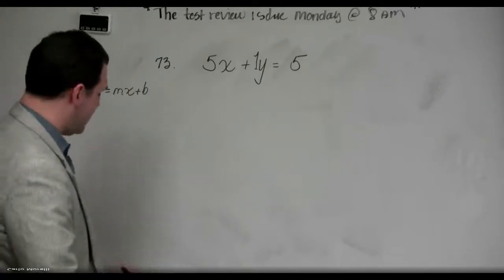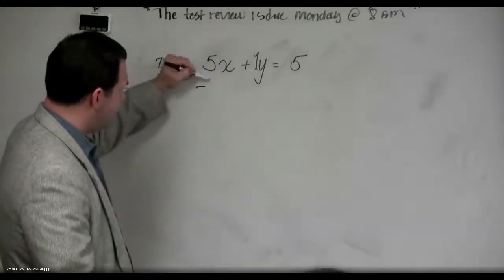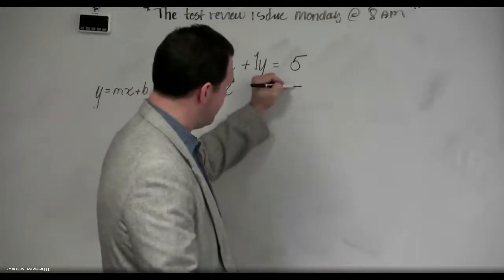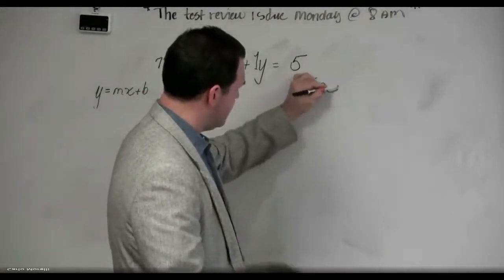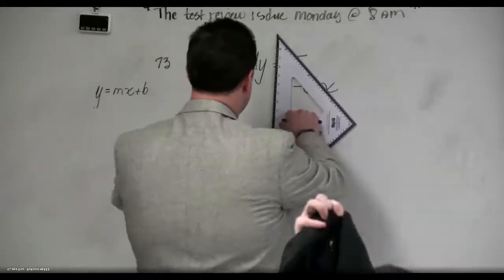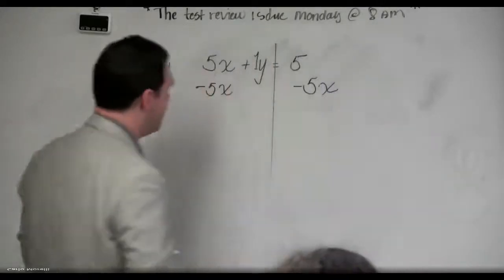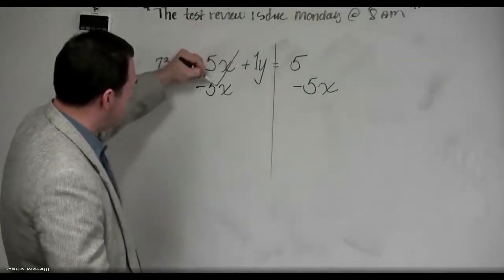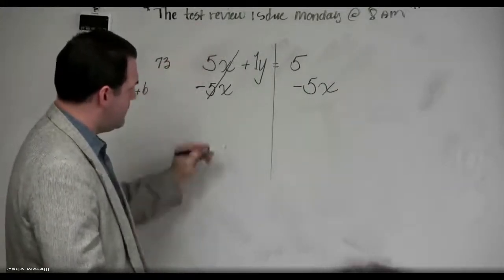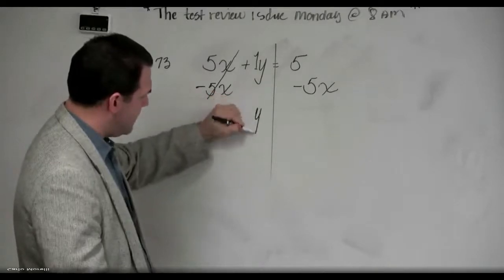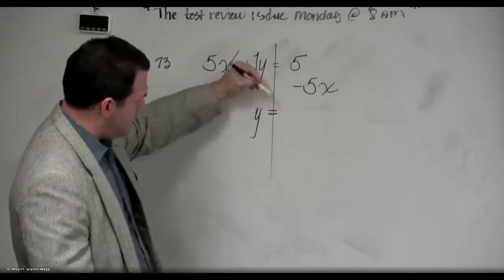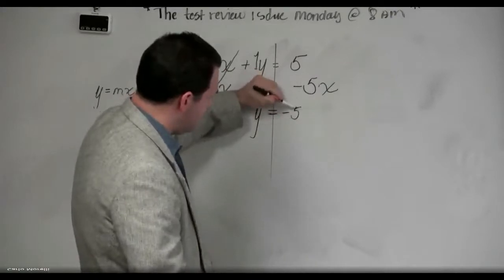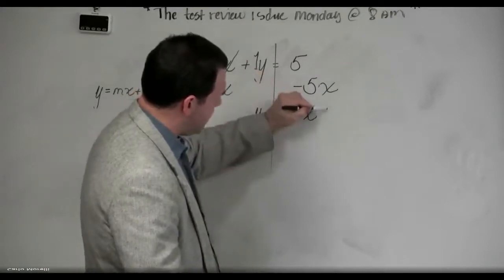So like I said, step 1 is to subtract 5x from both sides. Sometimes it helps to put a vertical line here to keep your work lined up. Okay, that's 0. So now I have y all by itself equals, we want to lead with this negative 5x plus 5.